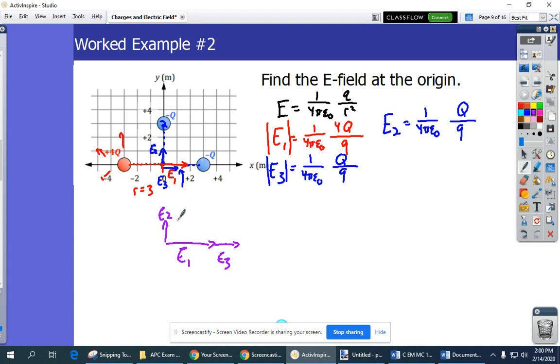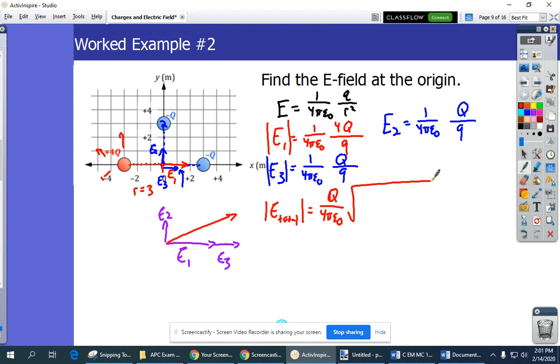So if I want to find the magnitude of my total electric field vector, I've got to do a little bit of Pythagoras. So the magnitude of E total will be, well, the 1 over 4 pi epsilon naught is just going to be part of all of them. And I guess so will the Q. So then I have the square root of 4/9, but I have to square them because this is a squared plus b squared.